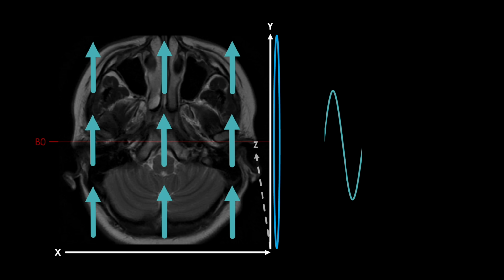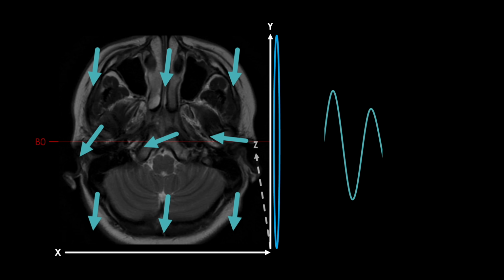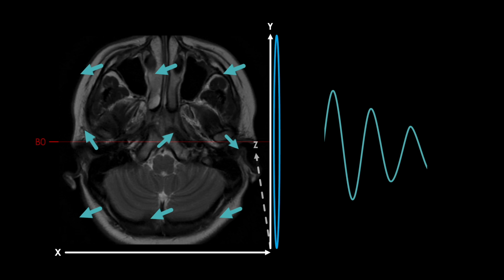However, over time, and in the absence of any other magnetic fields, some of these magnets will start spinning at different rates as time goes on, and the more and more out of phase they get with one another, the more our signal decreases and is eventually lost, what we call T2 decay.